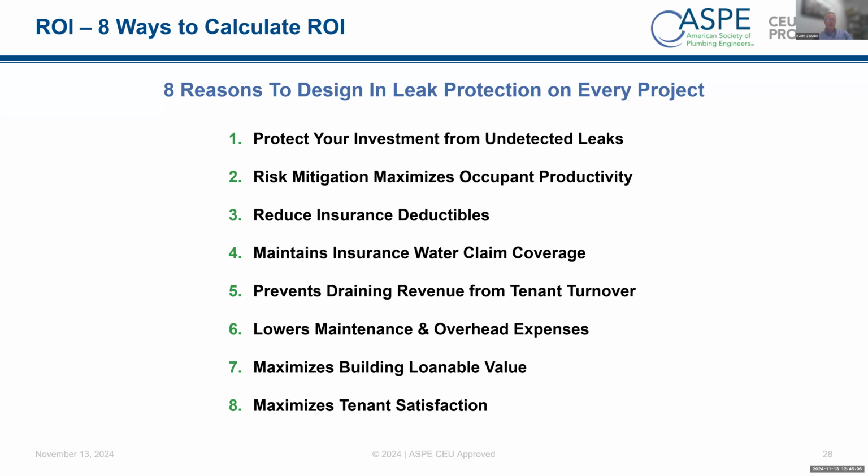And then number 7 oftentimes gets overlooked as well: maximize the building loanable value. So when you take, let's say, an apartment complex, and you start reducing the amount of water that your tenants use, you're going to reduce those expenses and increase the profit margin on that property. And so the bank is going to say, okay, I can loan you more on that property, because you can sell that property for more money when you want to get rid of it.